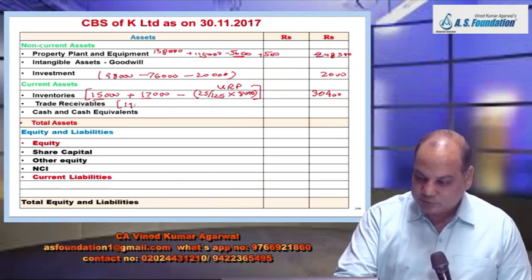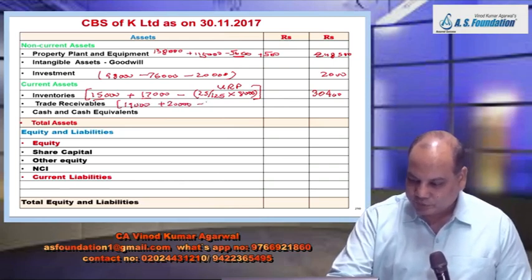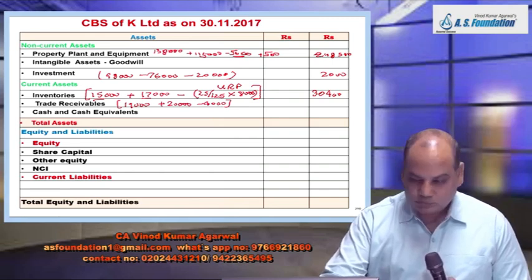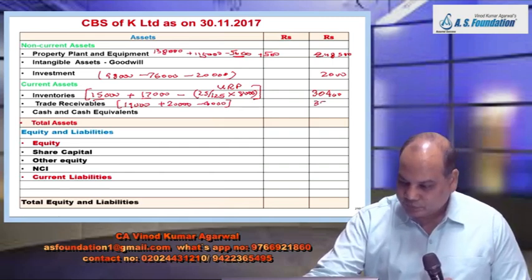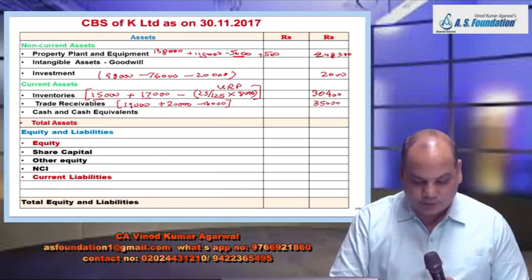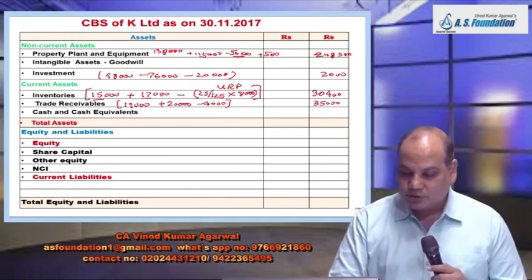Receivable 19,000 plus 20,000 less 4,000. So how much is that? 35,000. Read the question further below. S raised a check of rupees 2,500 and sent it to K. K did not receive this check until 4 December.